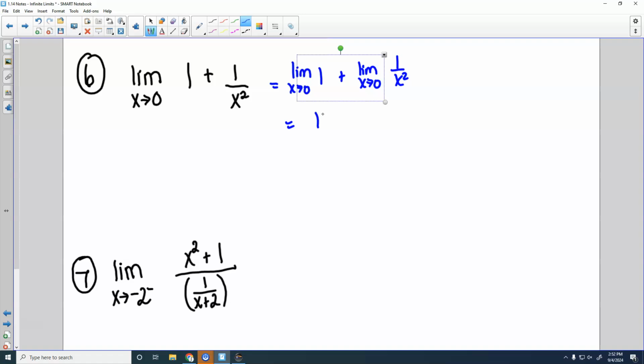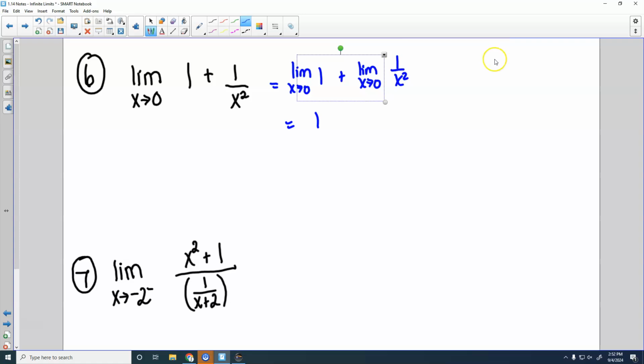It is just 1 because it's just a constant. But the limit as x approaches 0 of 1 over x squared, remember, we're not doing the infinity rules anymore because x does not approach infinity. If I plug in 0, what do I get? 1 over 0. That tells me the limit does not exist. I have a vertical asymptote at 0. So this is going to be positive or negative infinity.